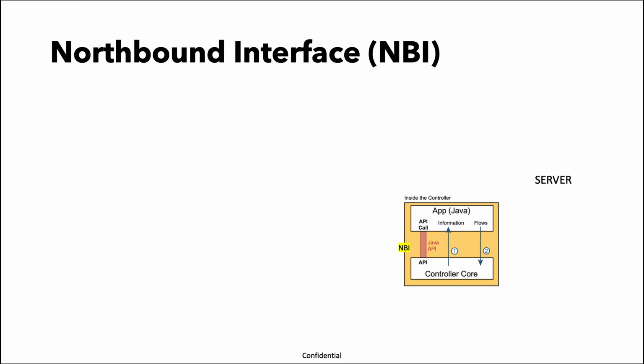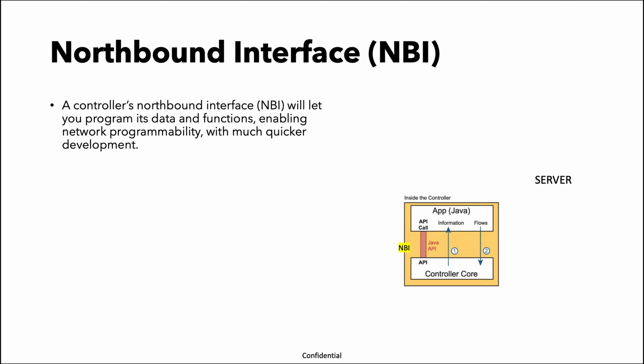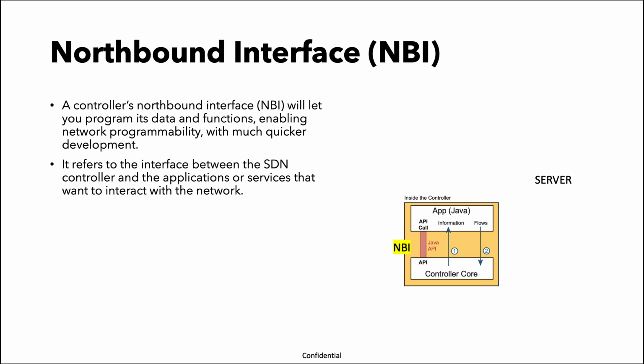NBI, also known as northbound interface. A controller's northbound interface will let you program its data and functions, enabling network programmability with much quicker development. It is an interface that allows applications and services to communicate with the SDN controller and request network services.